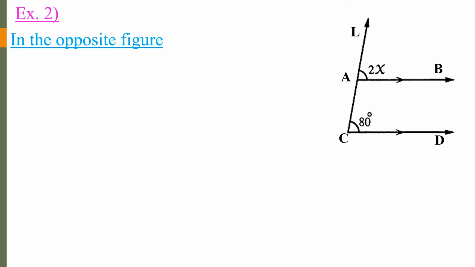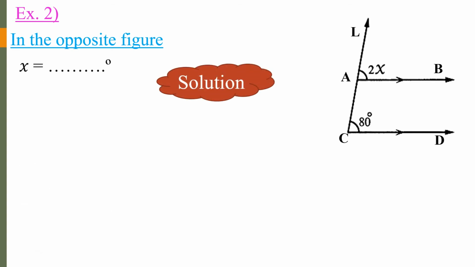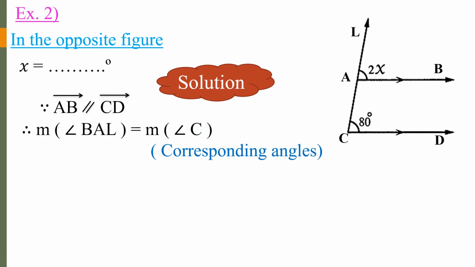Exercise number 2. In the opposite figure, find the value of x. Solution. Since AB is parallel to CD and CL is a transversal, then measure of angle BAL equals the measure of angle C as corresponding angles.